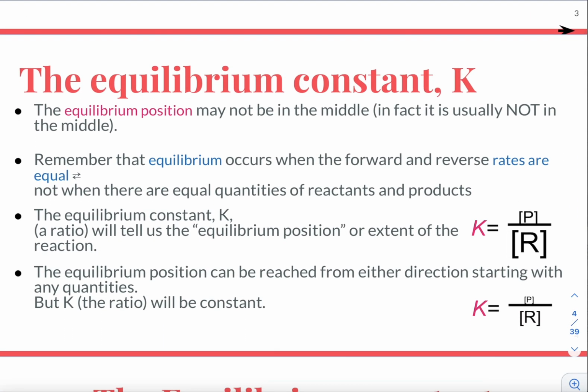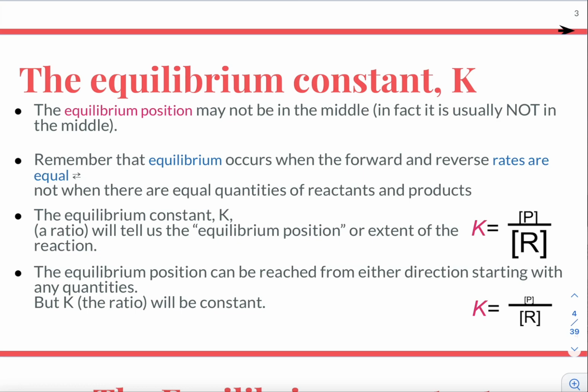What we're going to talk about in this first part of this unit is something called the equilibrium constant, which we represent with a K. The equilibrium position, meaning when all the concentrations are remaining constant, is not in the middle. By in the middle, I mean when all the reactants and all the products are the same concentration.